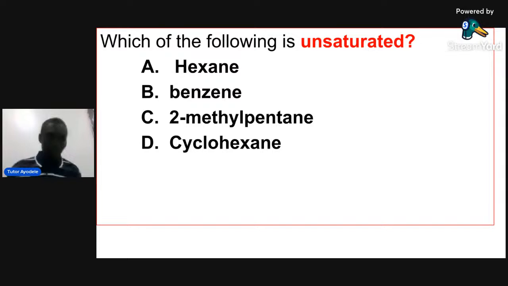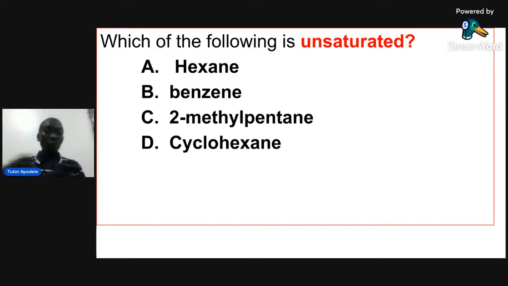So they are still under aliphatic. They all have single bonds, except benzene. Benzene has a double bond, so it is therefore unsaturated. So the correct answer there is option B.